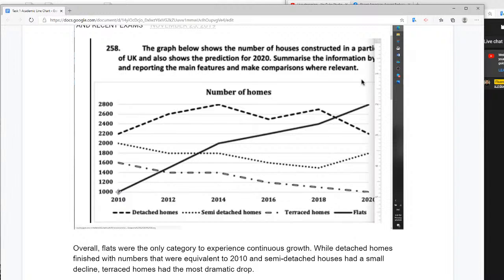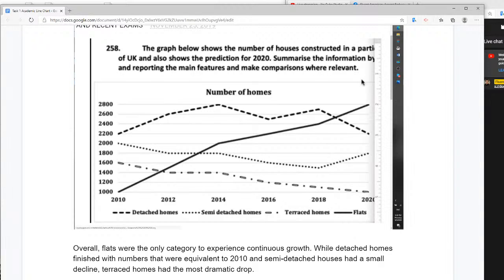They started with 1,000 in 2010, and they finished with 2,800. They nearly tripled their initial numbers from 2010, finishing with 2,800 units. Okay.